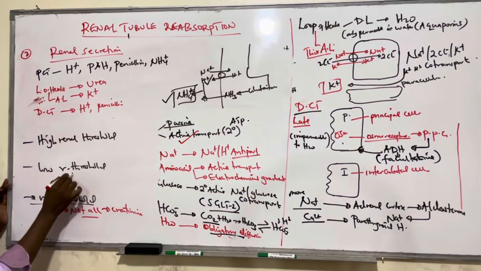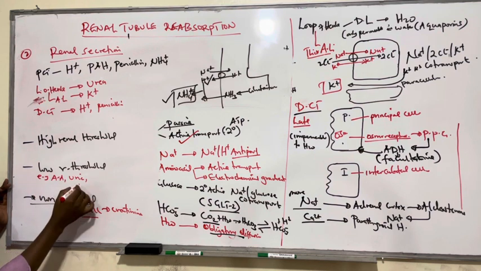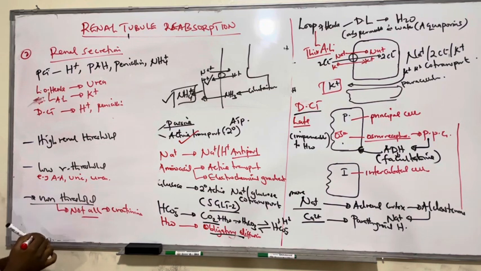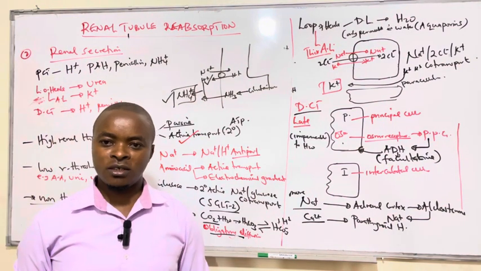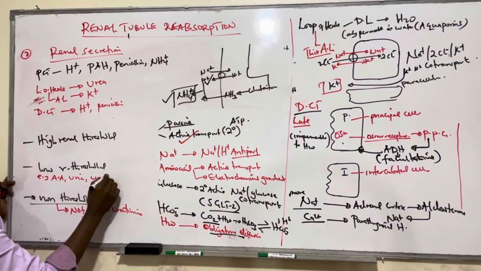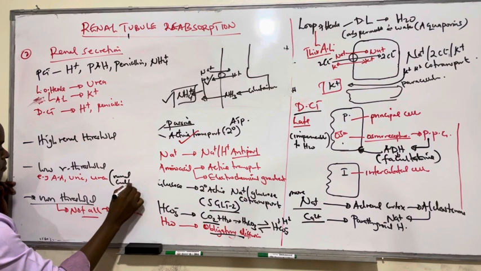The low renal threshold substances include amino acids, uric acid, and urea. These can even be found in urine in normal conditions.